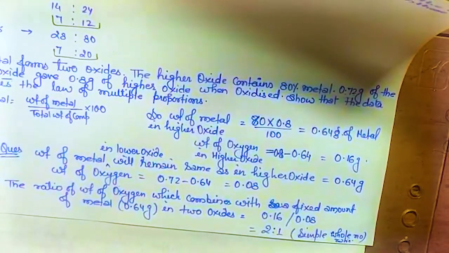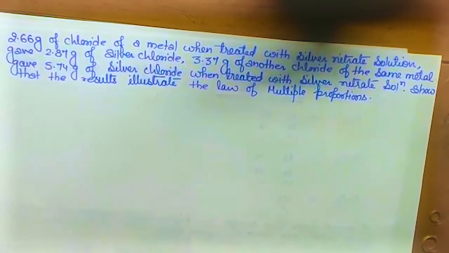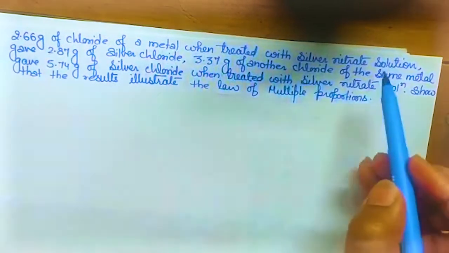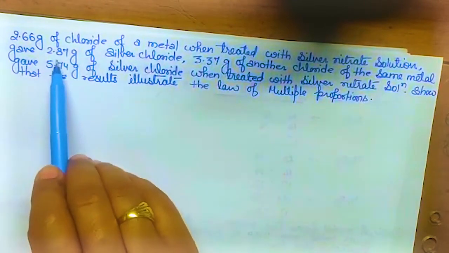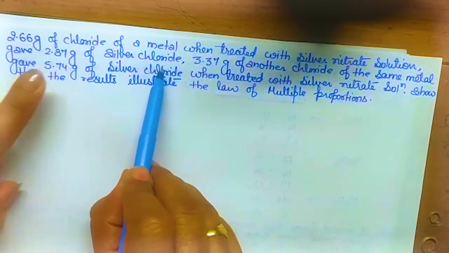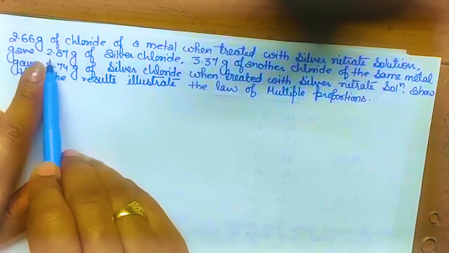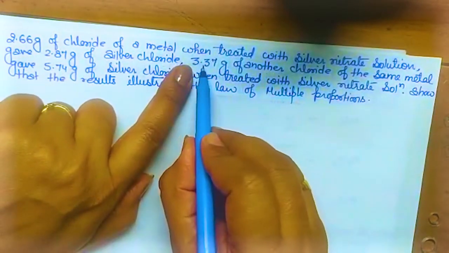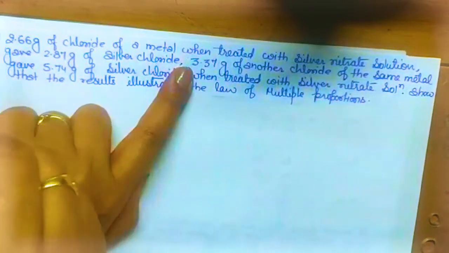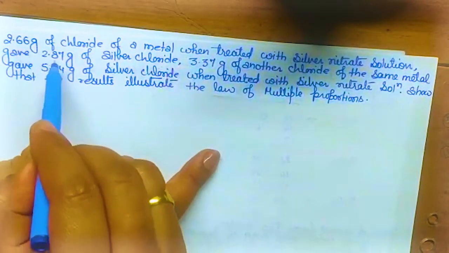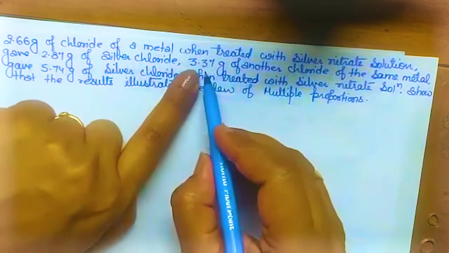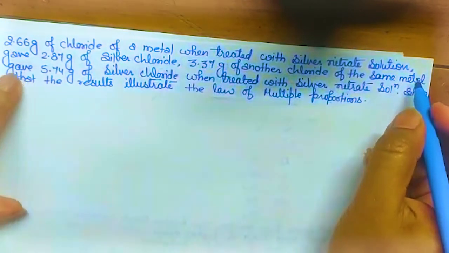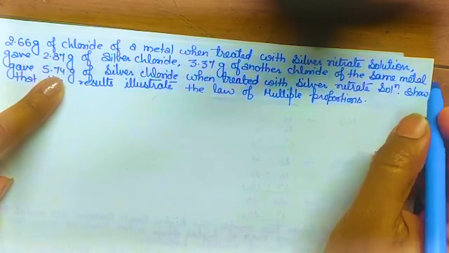Okay. Next question. So here's the second question, class. 2.66 gram of chloride of a metal when treated with silver nitrate solution gave 2.87 gram of silver chloride. In the first case, silver chloride, how much? 2.87 gram. Next, 3.37 gram of another chloride of the same metal gives 5.74 gram of silver chloride.